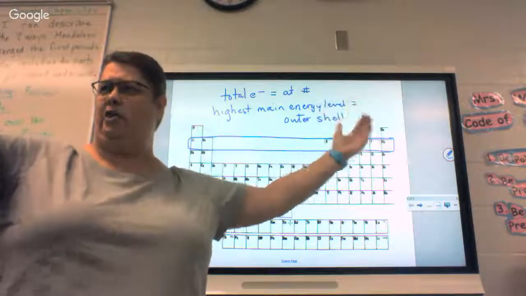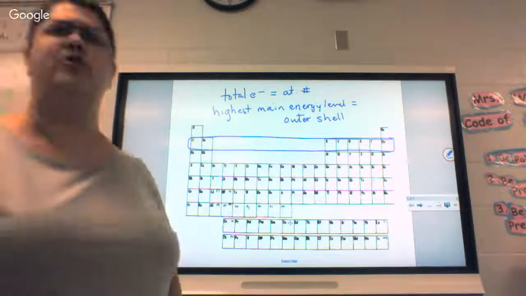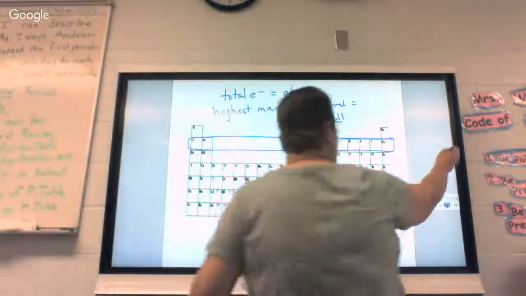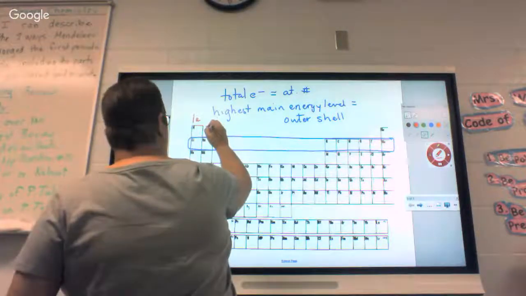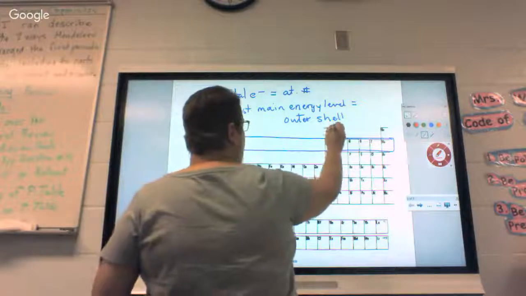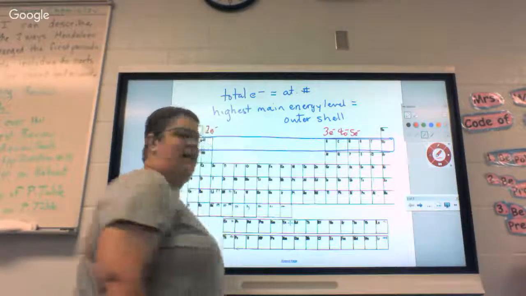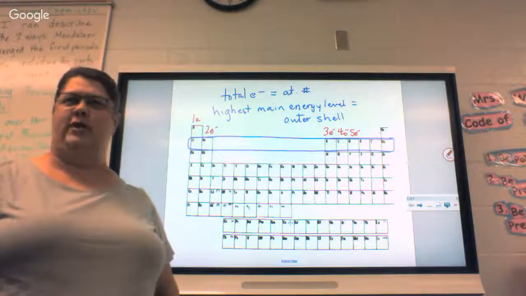So you're looking at the outer shell. They're telling you in the question that you had 5 electrons in the outer shell. So how have we figured out who would have 5 electrons in the outer shell? 1, 2, 3, 4, and 5, right? So who has 5 electrons in the outer shell? Everybody okay with the 2 we did yesterday?